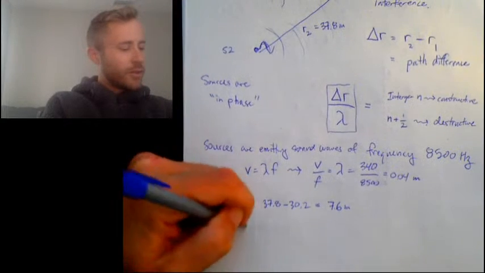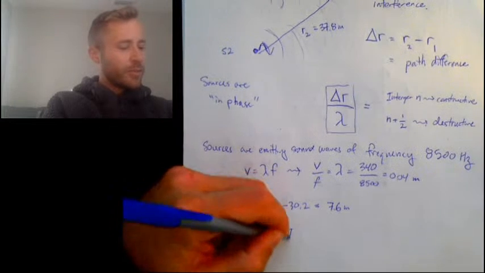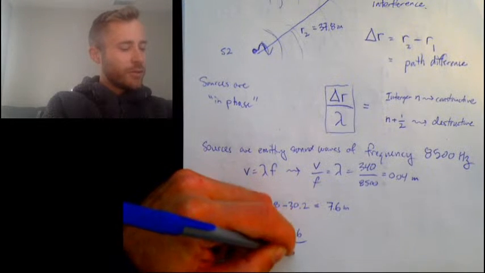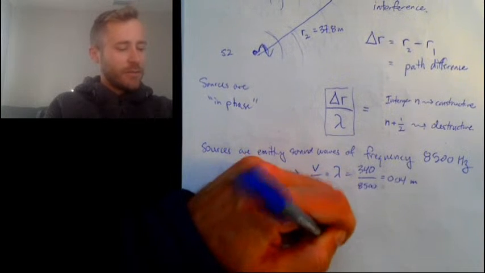So then I look at delta R divided by lambda, which is going to be 7.6 divided by 0.04. And I get 190 on the dot.